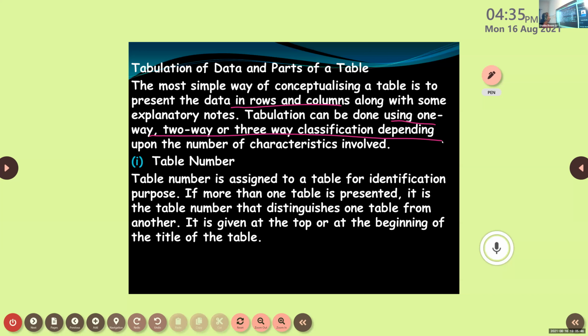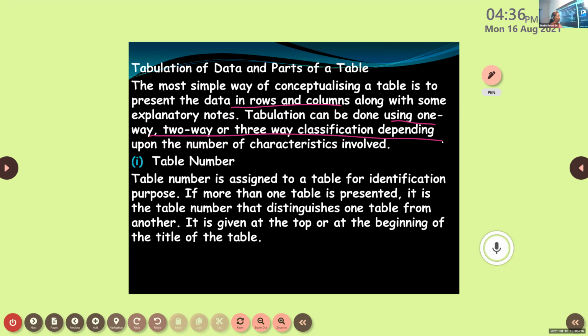The first one is the table number. Any table we prepare should be identified with a number, because if more than one table is there, it will be difficult. If I tell you to take table 5.2, it will be easy for you to identify. It means in your textbook, 5th chapter, second table.